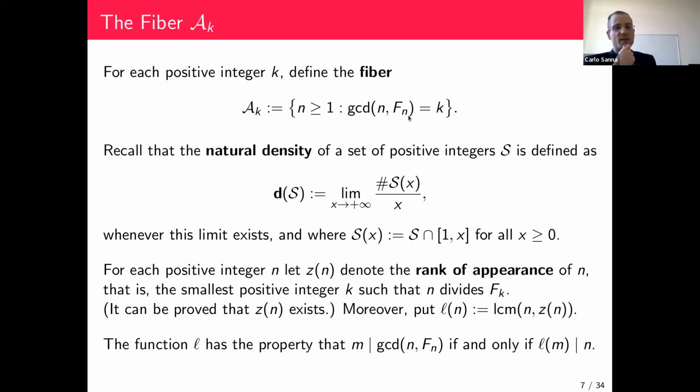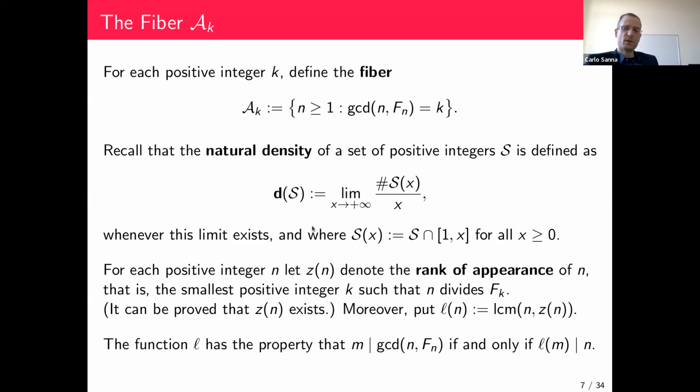Now recall that the natural density of a set of positive integers S is defined as the limit of the ratio of the number of integers in this set which are less than x over x, of course, whenever this limit exists.